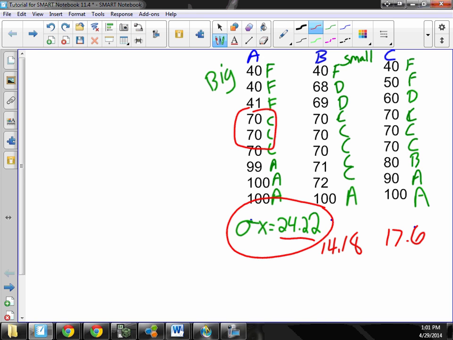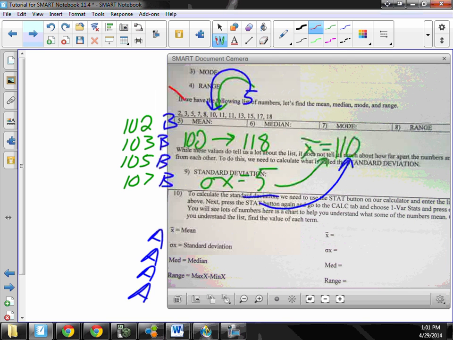Is test A more spread out than these numbers? Well, 24 is a lot bigger than 5, right? But remember, the 24 and the 5 don't mean anything without the mean.